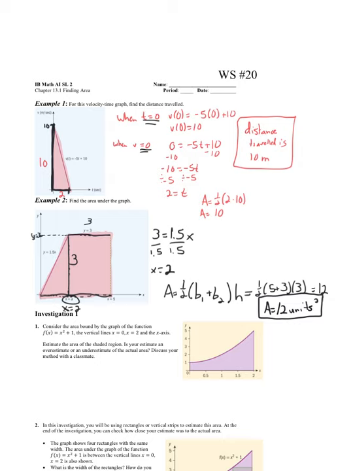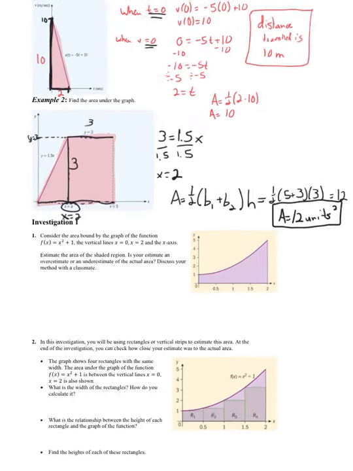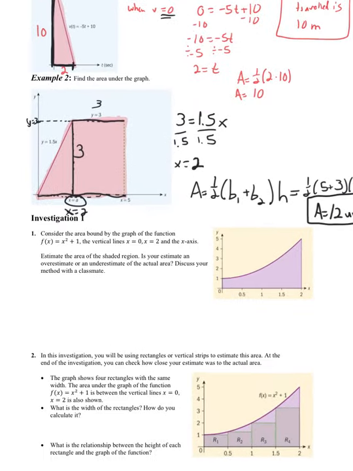Okay, so that's what integrals are all about, finding area. Can we find the area under a shape? Now we're going to start with a lot of linear shapes today. We're going to look at one curve. We're going to look at this one right now. And it says, consider the area bound by the graph of the function f of x equals x squared plus 1. So that's what this equation is right here.